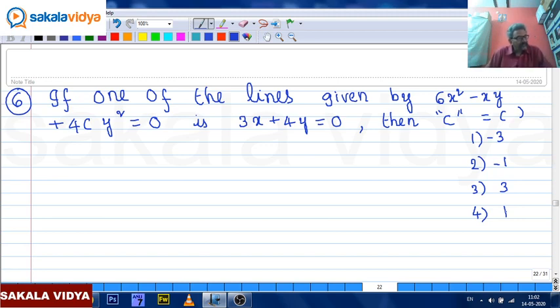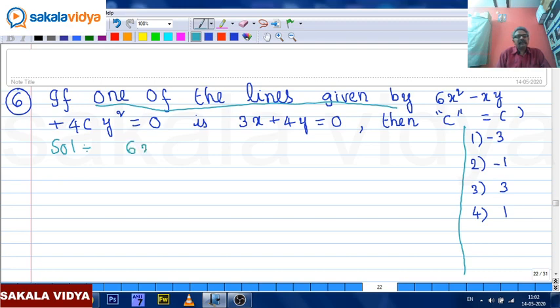Yes, Narla Venkateshwar, you are absolutely correct. The fourth equation is not a homogeneous equation. See, one of the lines given by 6x square minus xy plus 4c y square is equal to 0.